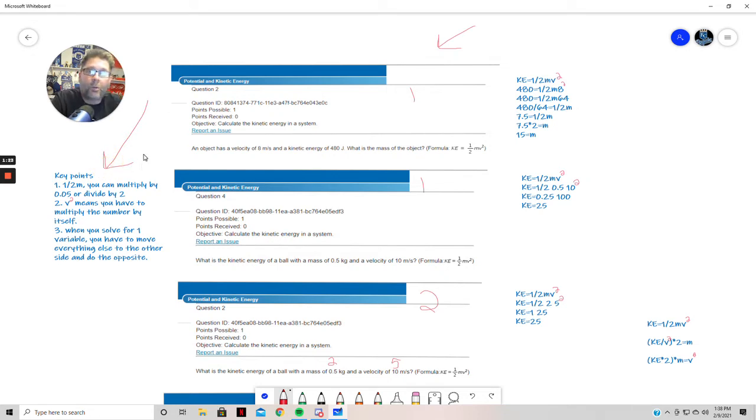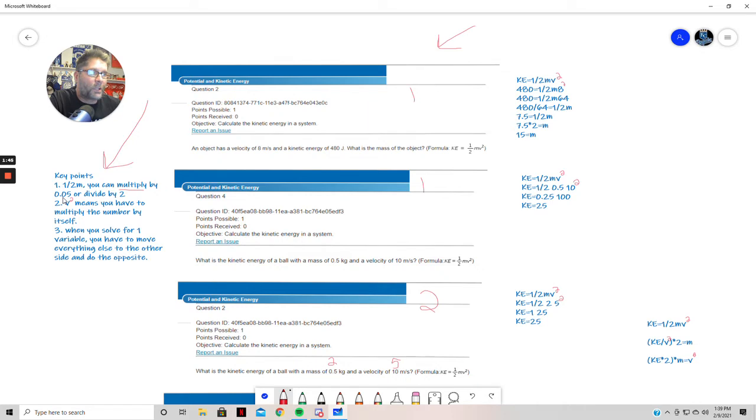One of the questions, when you're using that 1/2, you weren't sure of what to do with it. And as I said in this note, it's pretty simple. You can either multiply by 0.5. I've got that wrong.